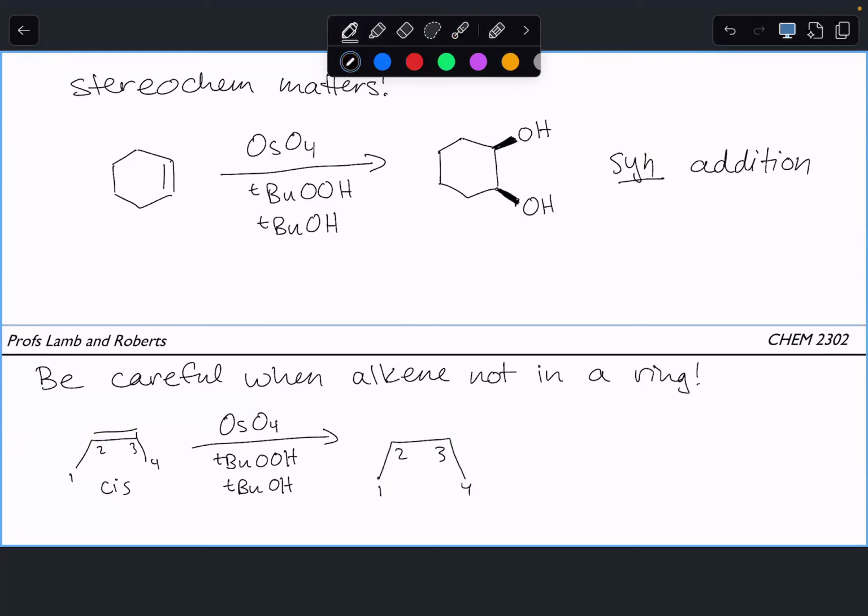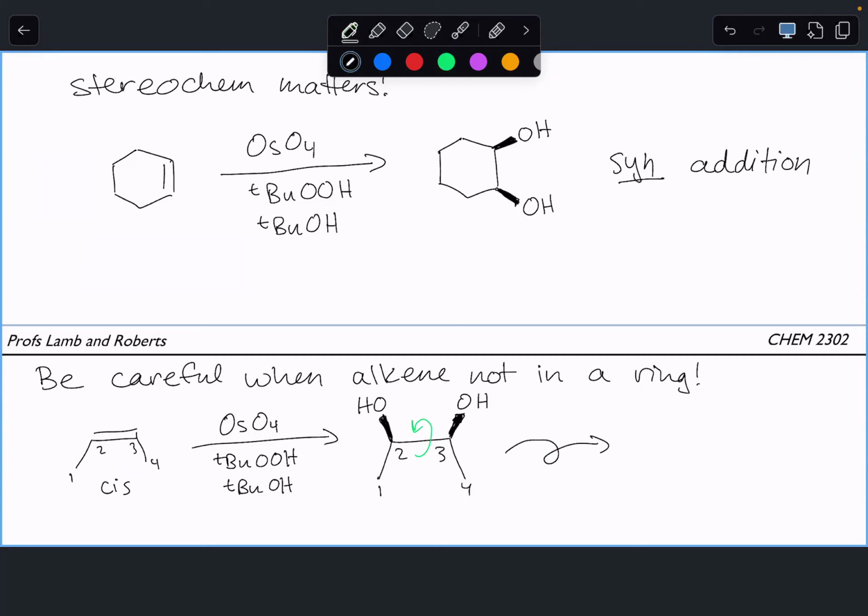Now I'm going to do my syn addition. So I need both of my groups to be on the same side of the molecule. OH, OH. The reason that this is challenging is when it's not in a ring, it's possible that you can rotate about that center bond.